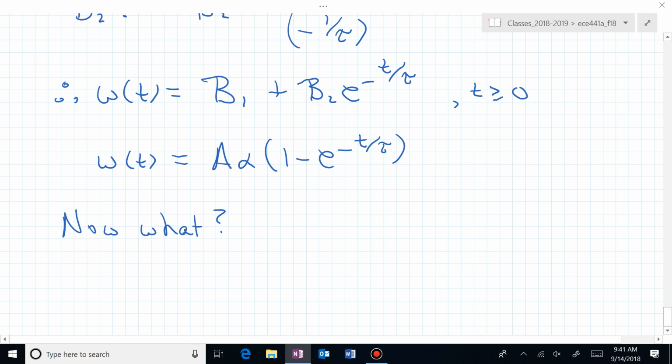Now what? What do we know from this parameterized form of omega of t? And that's the velocity of the shaft that's spinning if this is a DC motor. And in the textbook they may say, oh, I did an experiment and I actually applied, I'm not remembering the numbers, 4 volts to this DC motor.